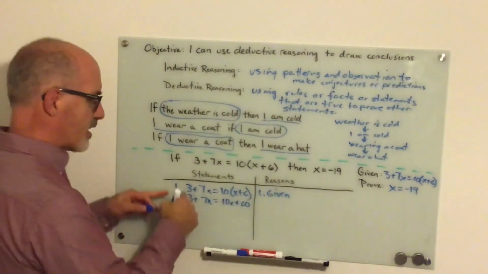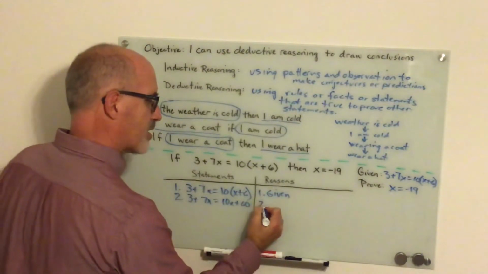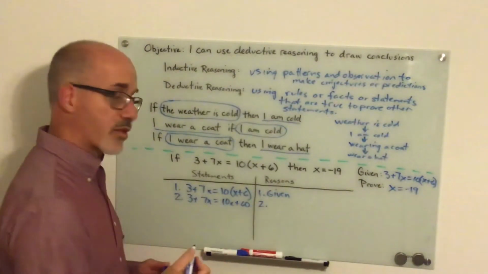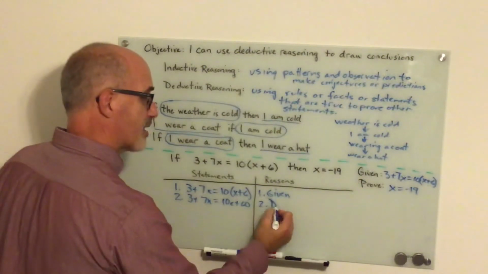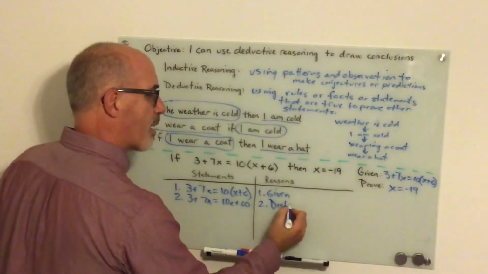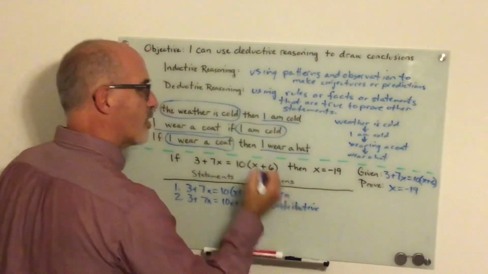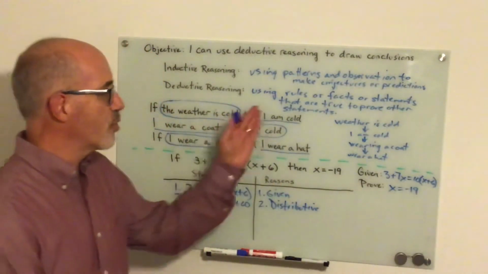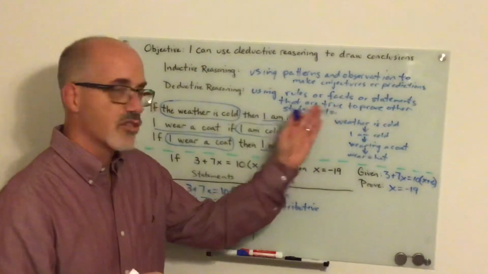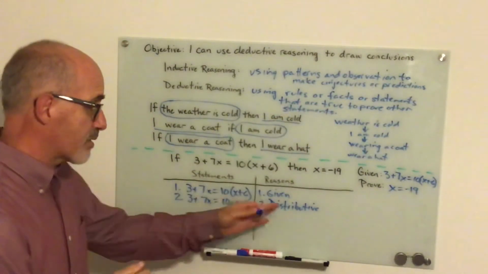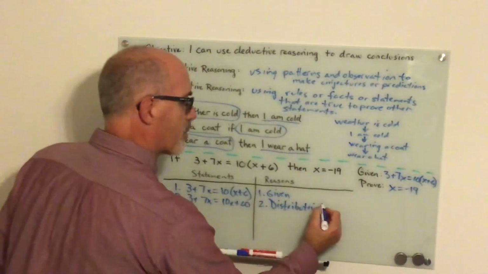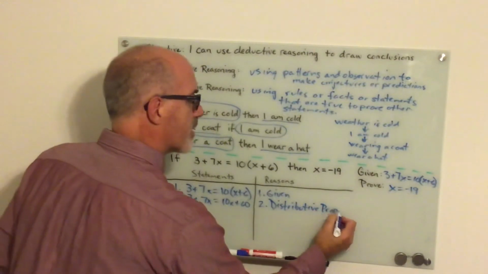So we're numbering these over here to match step 2. I want to match it with a reason too. Just as I said, I use the distributive property. That's a property that we know in algebra is true. So since we're using a fact that's true, we can use it as our reason. So the distributive property is my reason there.